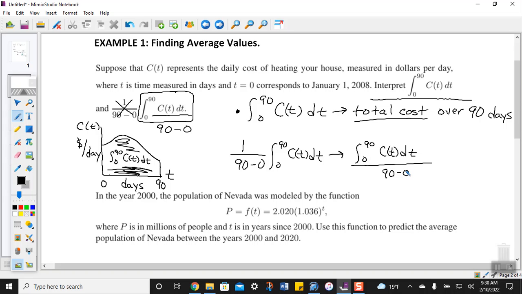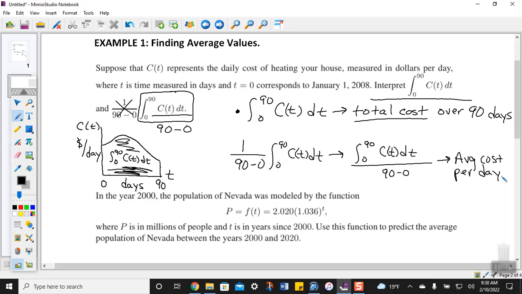So this simply becomes my average cost per day. That'll become your average cost per day right there. Right? So the displacement kind of gives you the total throughout the whole interval.